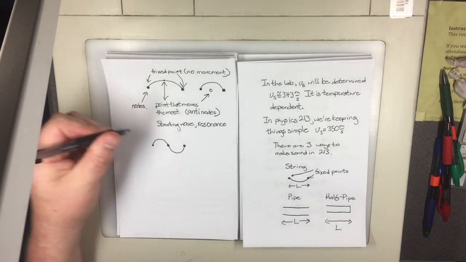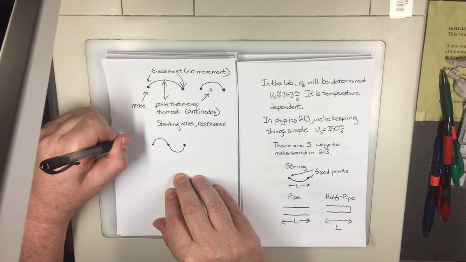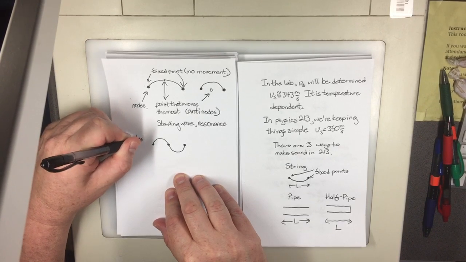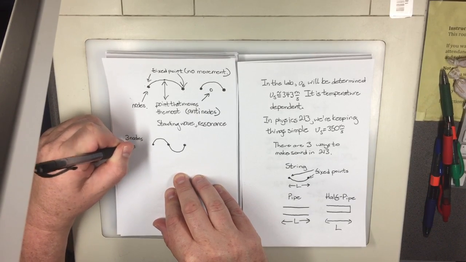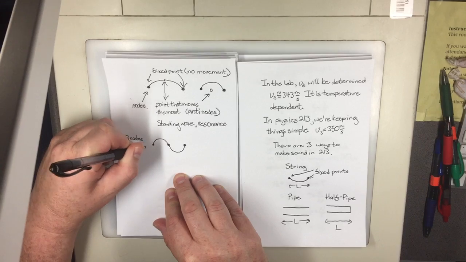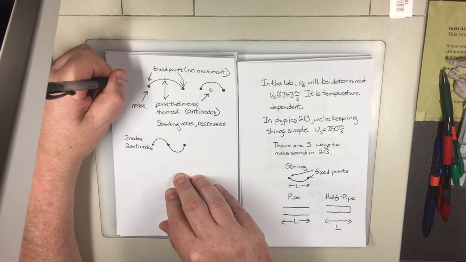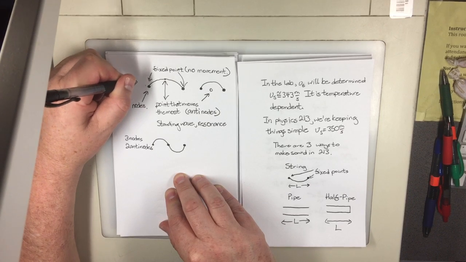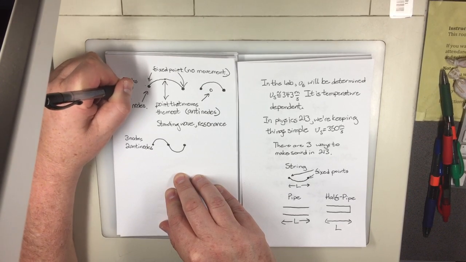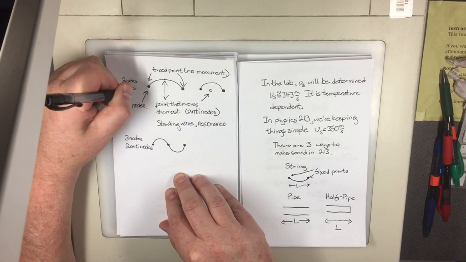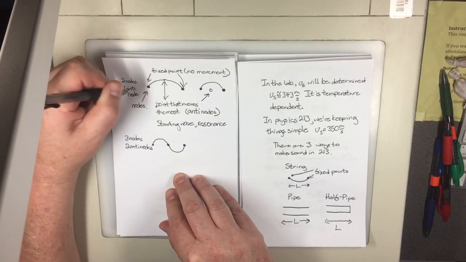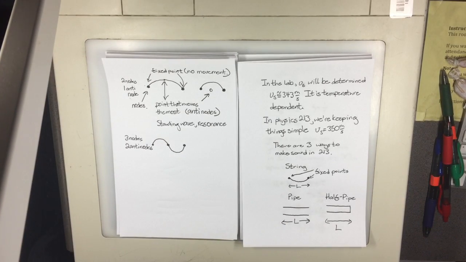And here there are 3 nodes and 2 antinodes. Whereas here, there are 2 nodes and 1 antinode. So you keep shaking faster and faster.